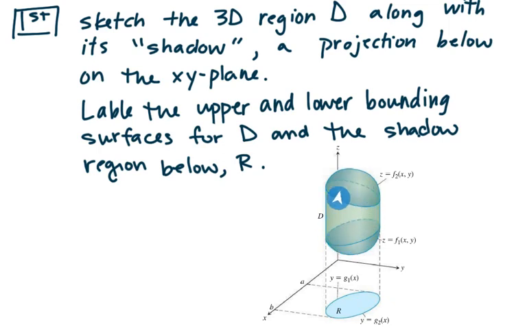So this 3D figure represents D. This shadow below it in the XY plane, that's normally what we would call our R.